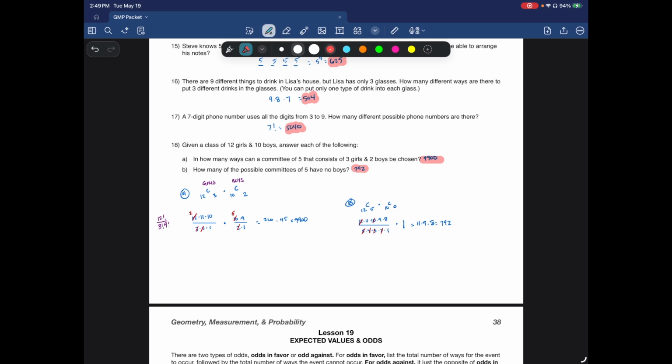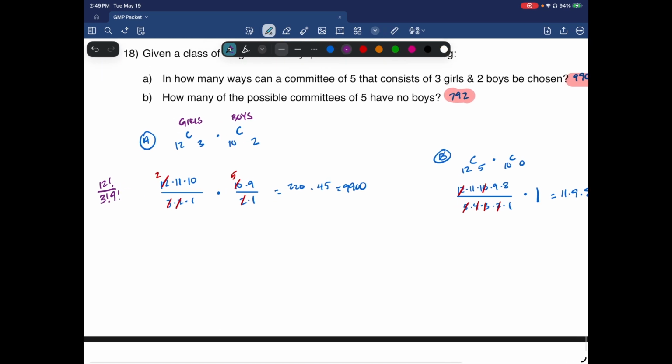All right, just to recap real quick, you know that 12 choose 3, if I use the formula, is 12 factorial over 3 factorial, 9 factorial.